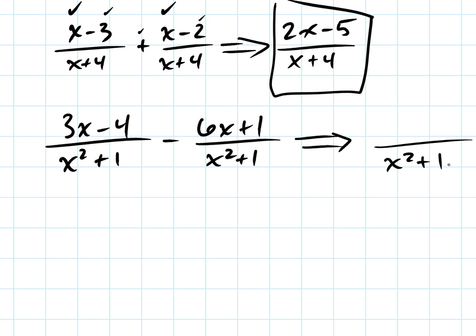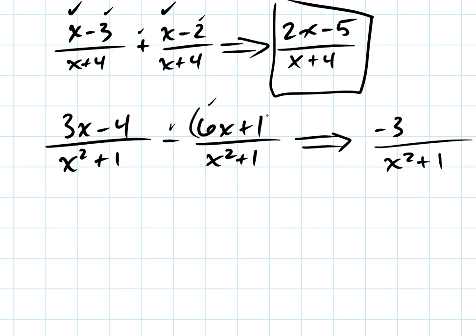X squared plus 1. But when I simplify this, it is 3x and then minus 6x's. So 3x minus 6x is a negative 3x. Where the mistake is made then is this is negative 4 minus a positive 1.